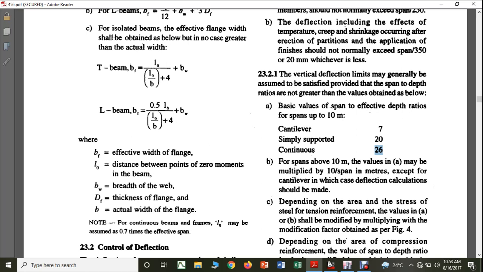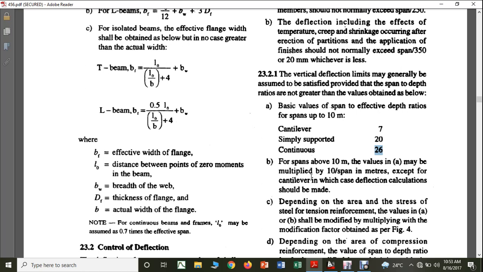The basic value of span to effective depth ratio for spans up to 10 meter: for cantilever, L by D is equal to 7. For simply supported, L by D is equal to 20. For continuous, L by D is equal to 26.